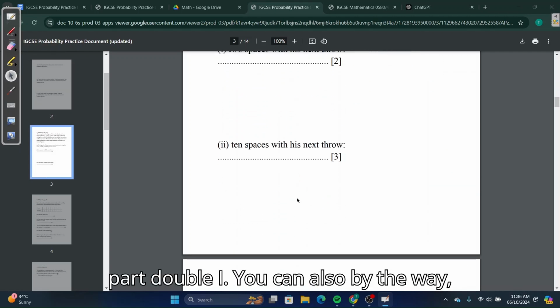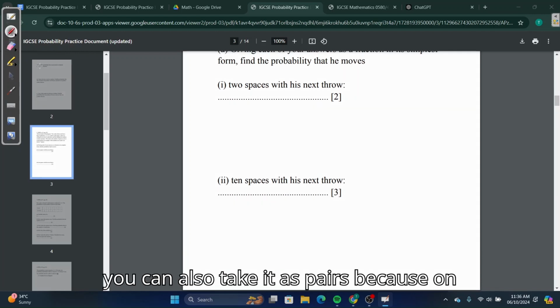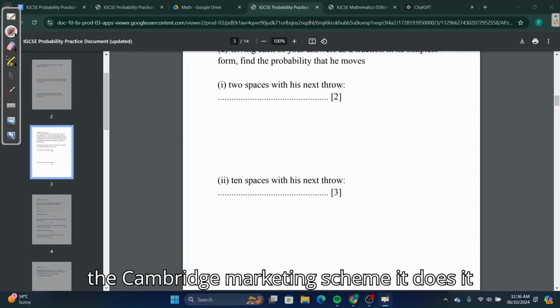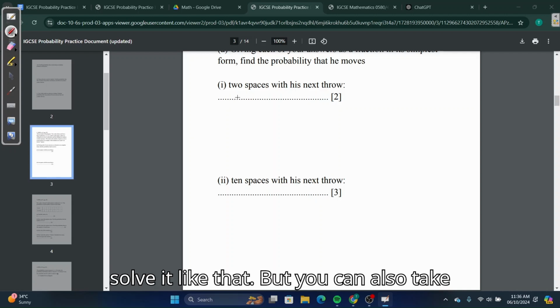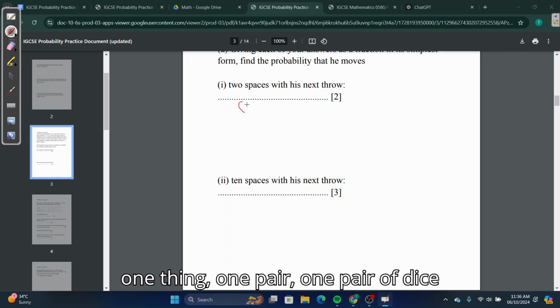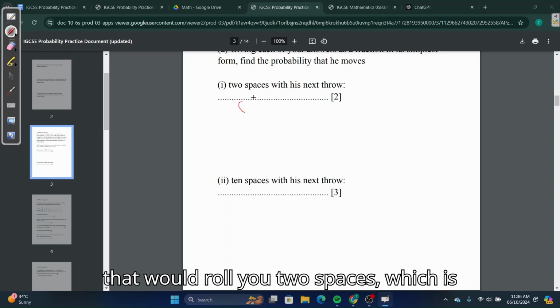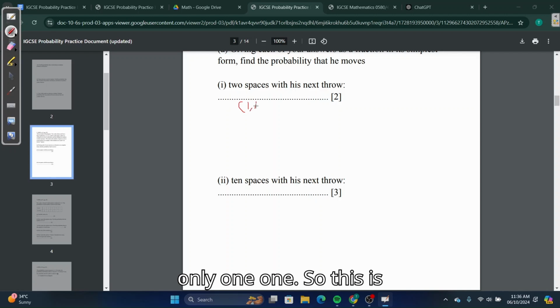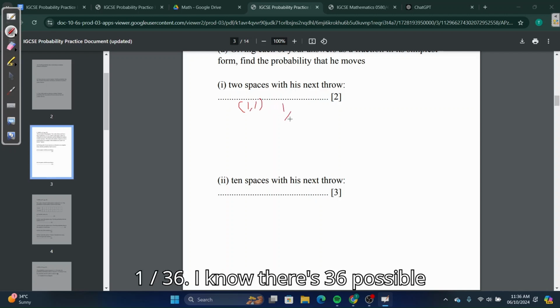Part double I. You can also, by the way, take it as pairs, but the Cambridge marking scheme says to solve it like that. But you can also take it that there's only one pair of dice that will roll you two spaces, which is only 1, 1. So this is 1 over 36. I know there's 36 possible outcomes of two dice.